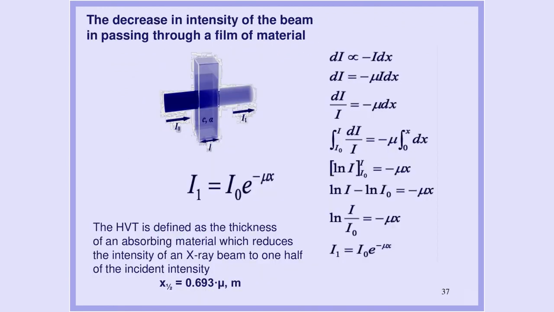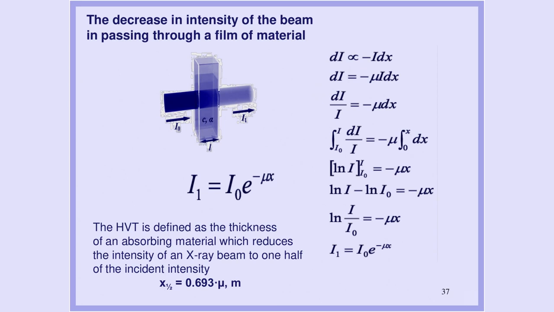The change of the X radiation intensity after crossing a layer of matter is calculated by the formula shown on this slide. We have considered the details of the mechanisms of the interaction of X radiation in material, in matter.